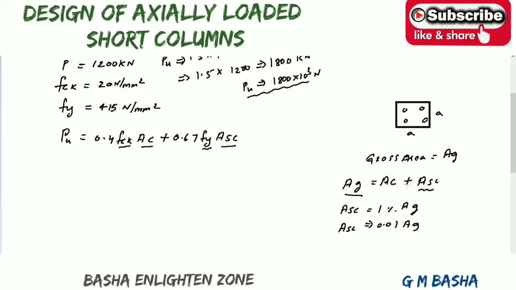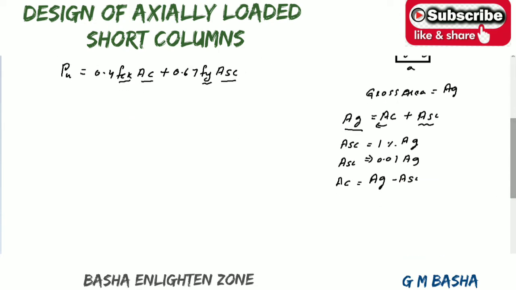Then what about the concrete? Area of the concrete will be equal to Ag minus Asc, here I am sending this Asc to this side. If you simplify, you will get Ag minus 0.01 Ag.